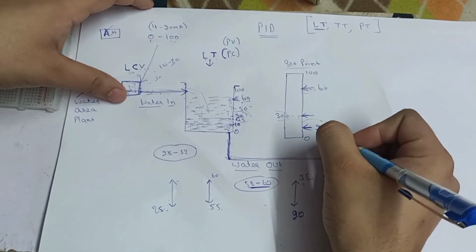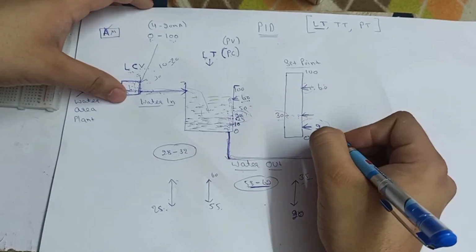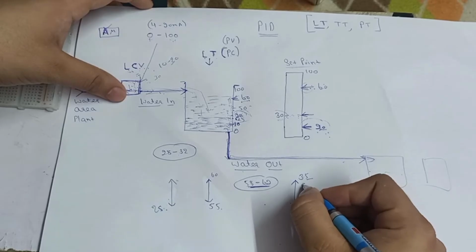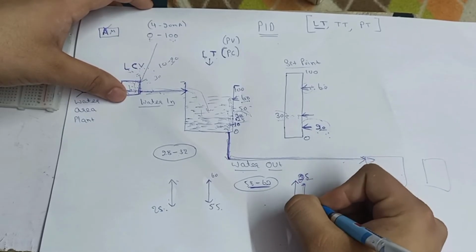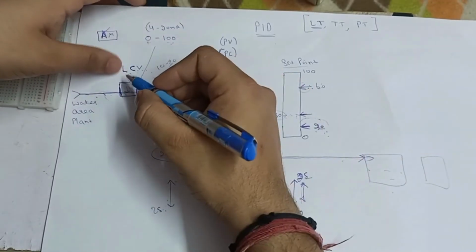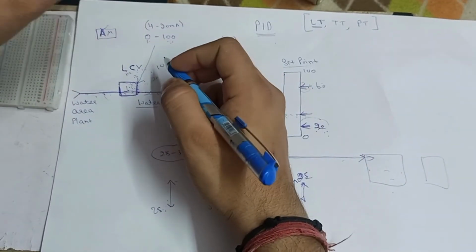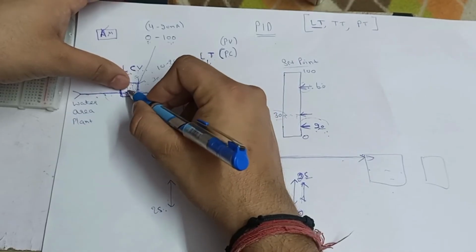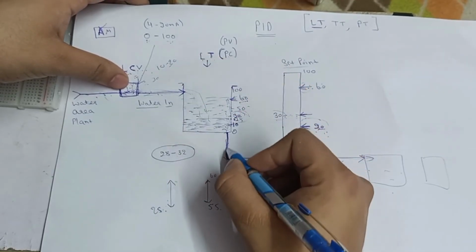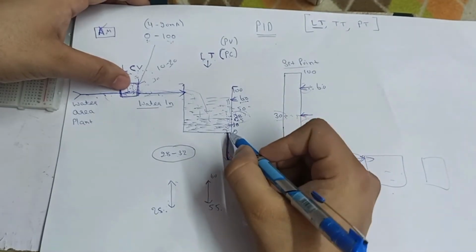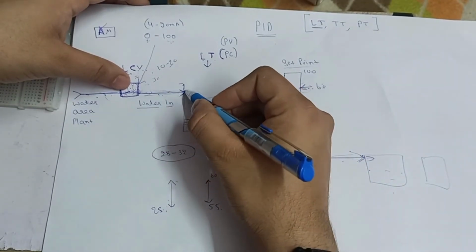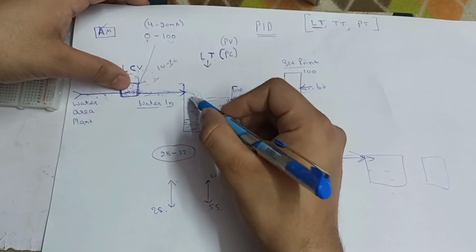When I set 20, it tries to maintain that value nearby 25 to 20. At that time your LCV operates only 10 to 20%. Like this, your water flows, and this is the outlet, your water goes to another plant, and 20 to 30% water is filled here continuously.